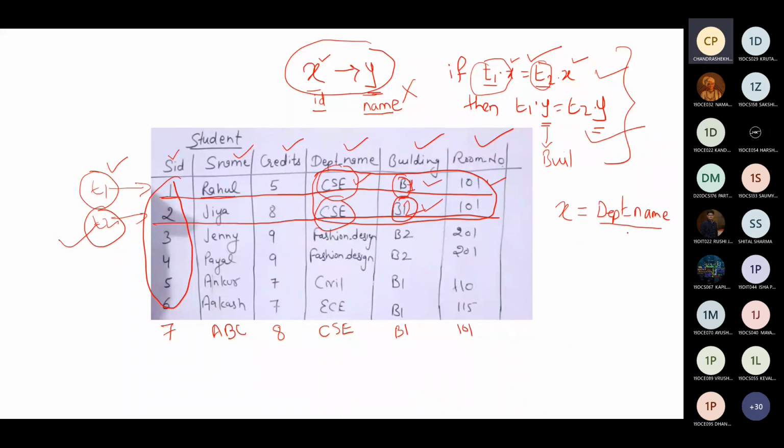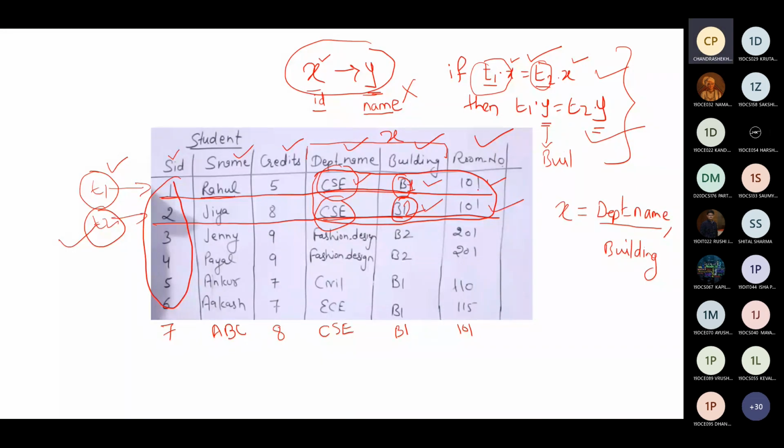If I consider the department name and building, these two attributes are going to form the x. So if x of tuple t1 equals x of tuple t2, that is here also CSE B1, here also CSE B1, it is true, then we have to check the room number.